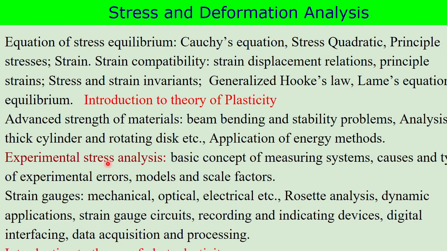We are discussing this after our discussion on analysis of stress, then analysis of strain, then their relation, stress-strain relation, material property, generalized Hooke's law, etc. And the theories of failure part we have also discussed.